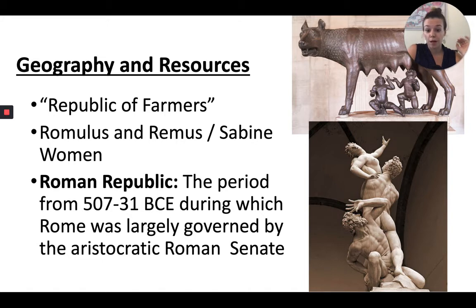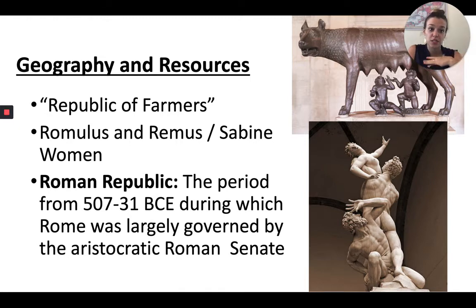The Roman Republic is going to be the governing system of Rome during the period from 500 to 31 BCE, during which Rome is going to be largely governed by an aristocratic Roman Senate. So Rome is going to be predominantly agricultural, right? Whereas Athens and Greece was predominantly trade-oriented, maritime trade.